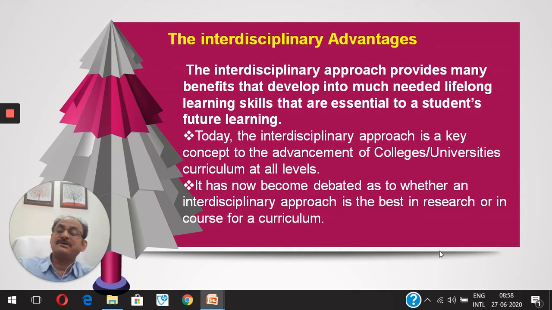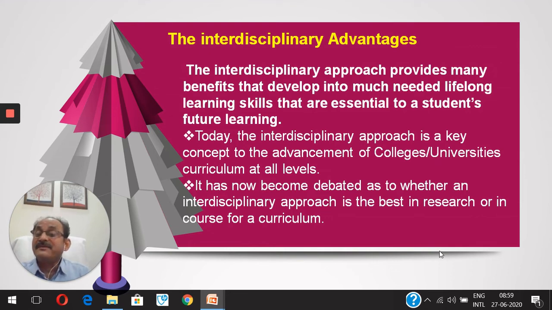For example, I am taking the degree of computer science and information technology, and I am taking some other credits of civil engineering. So this other credit is the minor course, and the major course is the student's own degree. Suppose your degree is in computer science, and you are taking courses of civil engineering.